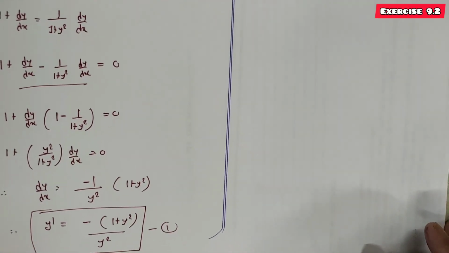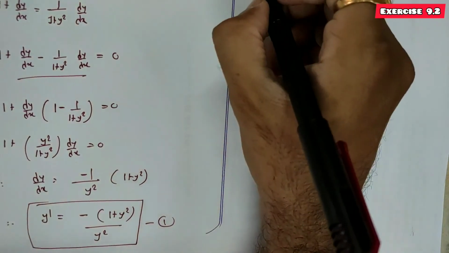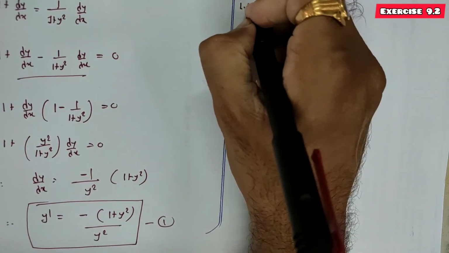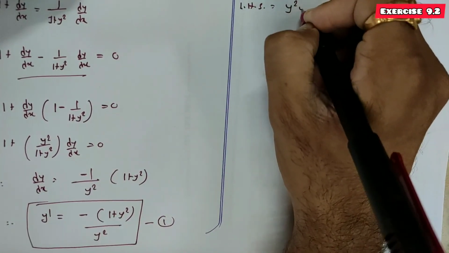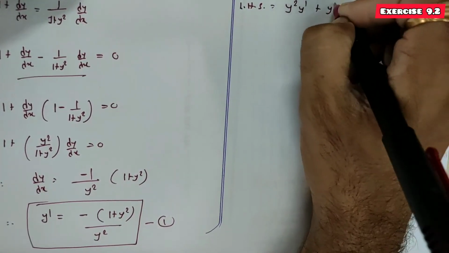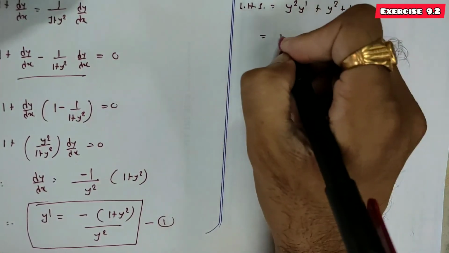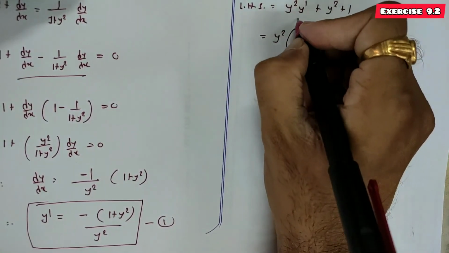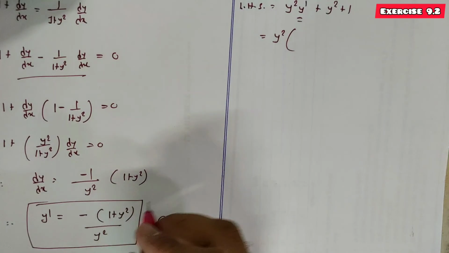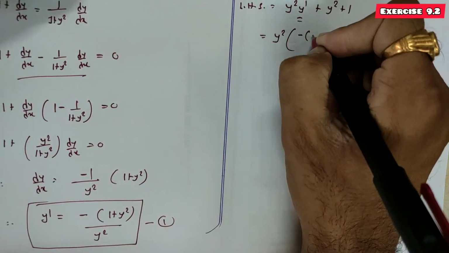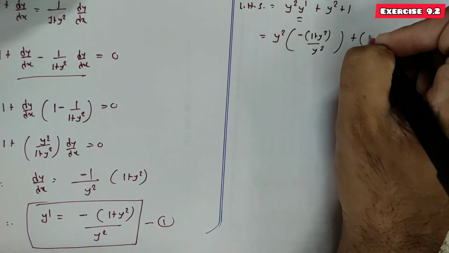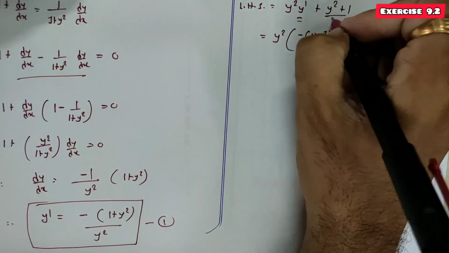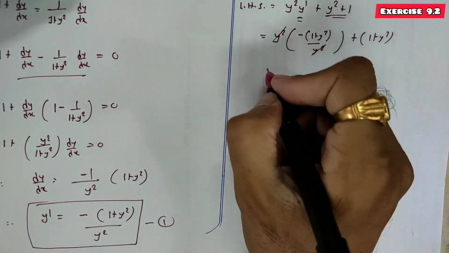Now we have to verify it. So the left hand side of the given equation is y square y dash plus y square plus 1. This is equal to y square, now this y dash from equation number 1, which is minus 1 plus y square upon y square, plus 1 plus y square. Write it together, y square cut.